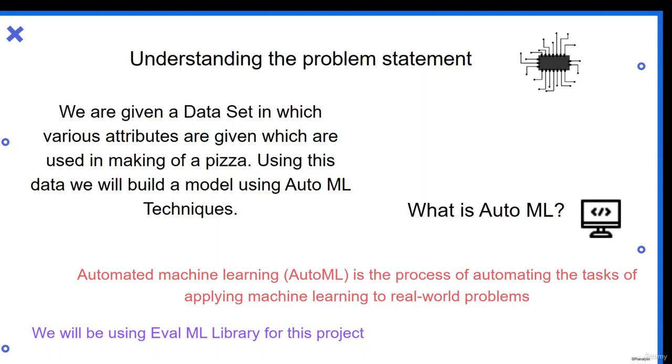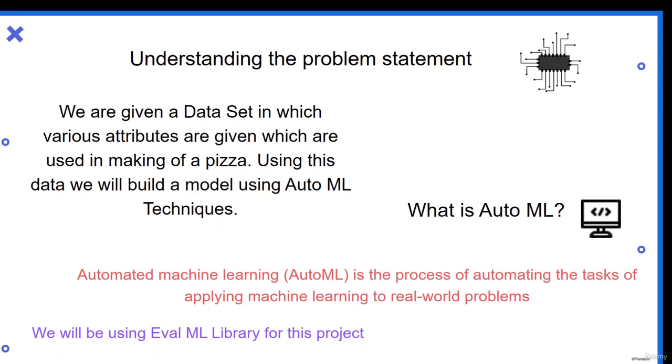But if you don't know the machine learning knowledge, like the maths behind the model, how the model works, or which model will fit your data well, you can use automated machine learning. It will check all the models according to your data and see which model fits your data best, then I'll use that model. This is a very good thing, and this is why automated machine learning is used by many people. We'll be using the EvalML library for this project.